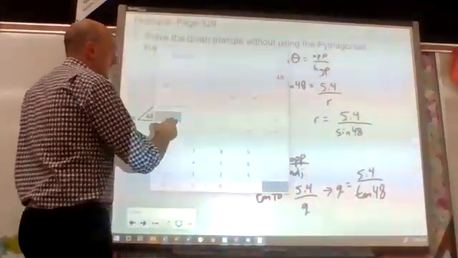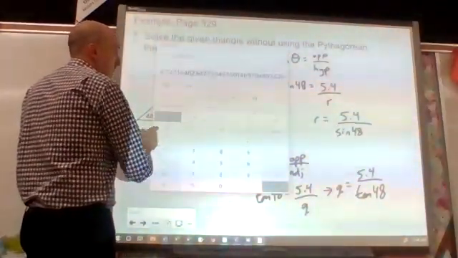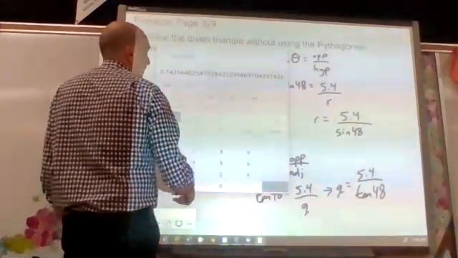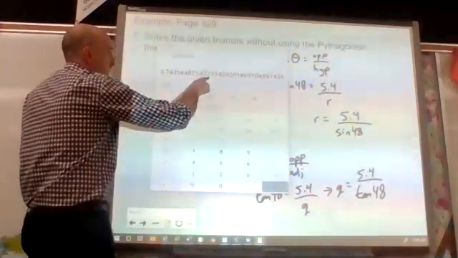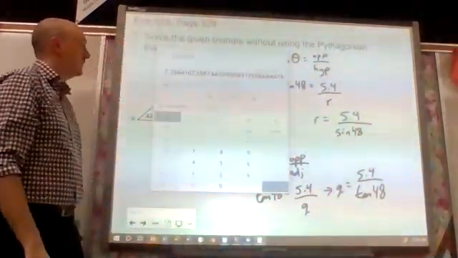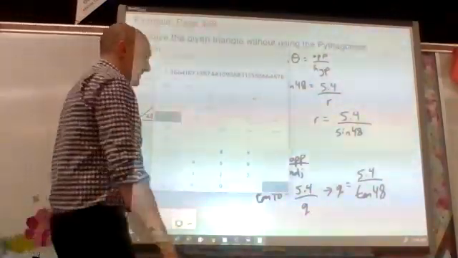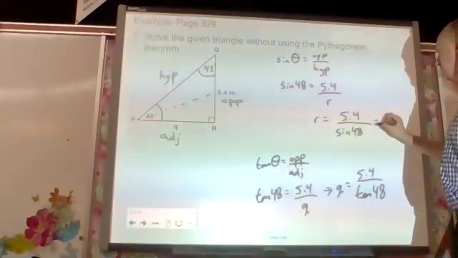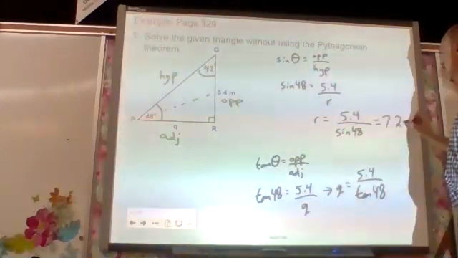Hopefully your calculator does tell you what it's doing. So 5.4 divided by the sine of 48. And notice this is a very small number. That's your trig ratio only. I need to put equals. It's 7.26.